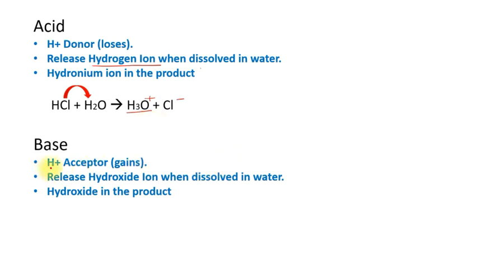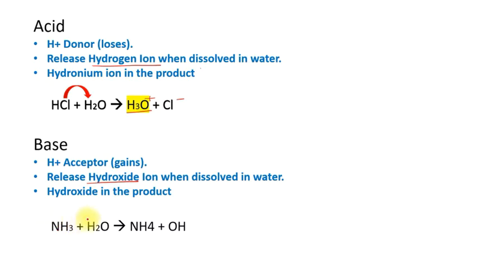A base, however, is an acceptor, so it gains hydrogen and it releases hydroxide, and you'll also see hydroxide in the product. So here we go. This is ammonia again.